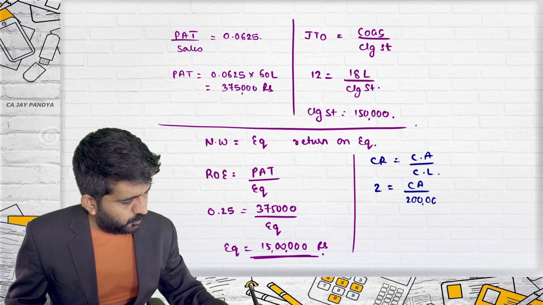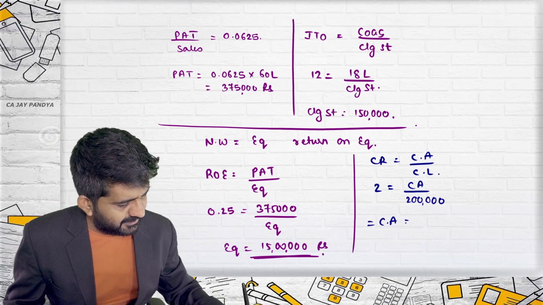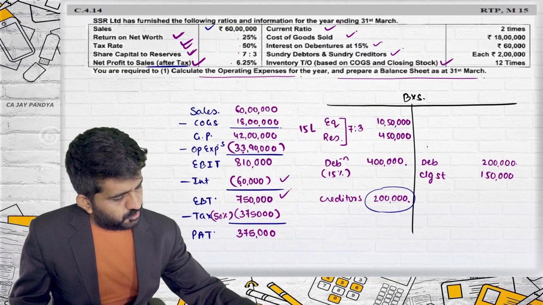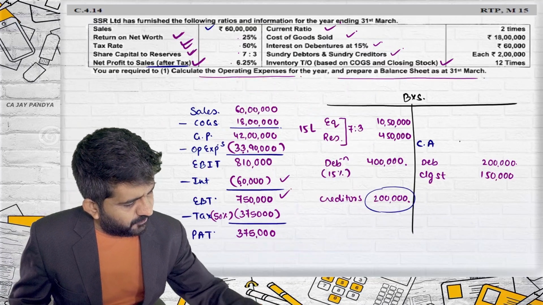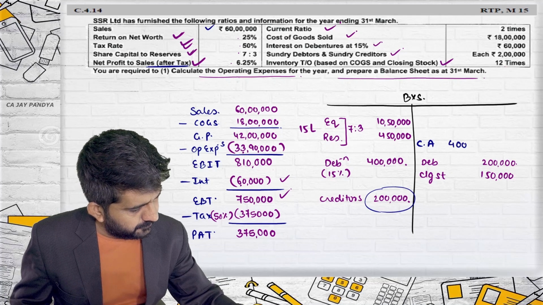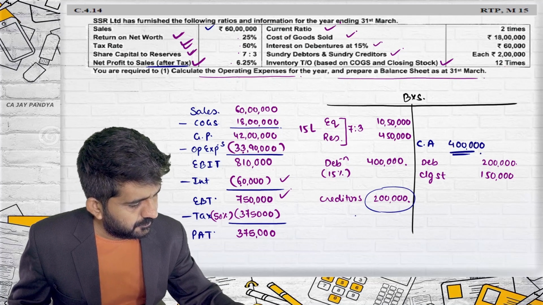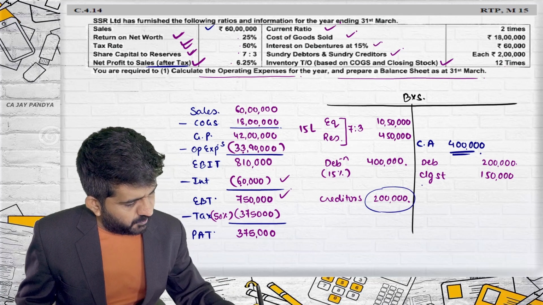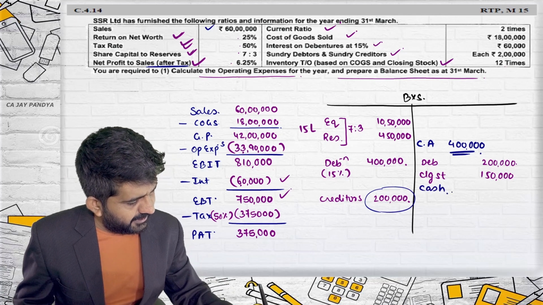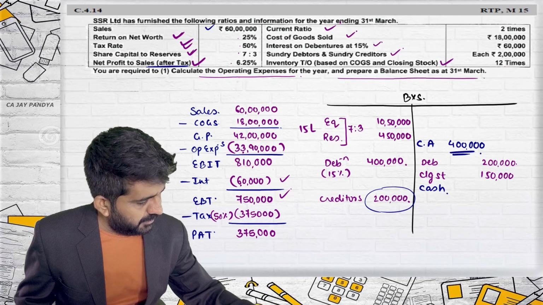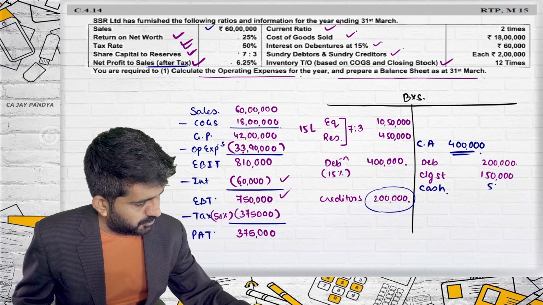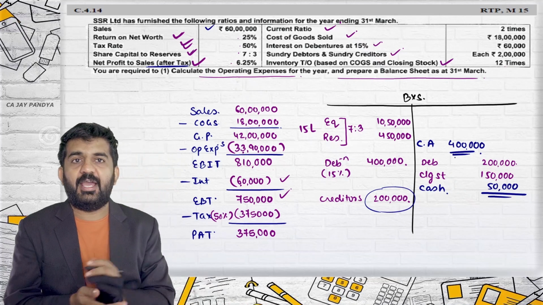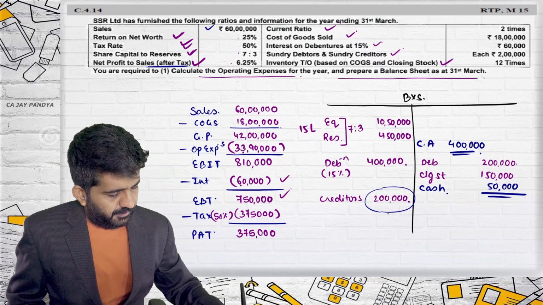So current assets will be 4 lakhs. If current assets total 4 lakhs, and debtors are 2 lakhs and closing stock is 1,50,000, that is 3,50,000, so cash balance will be 50,000 and my total will be 4 lakhs.